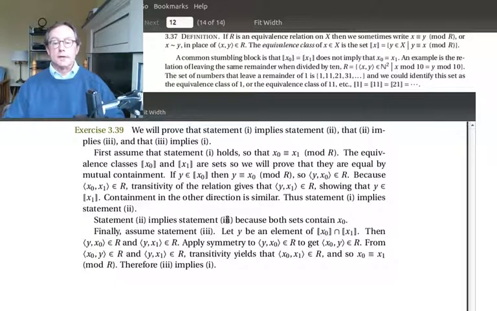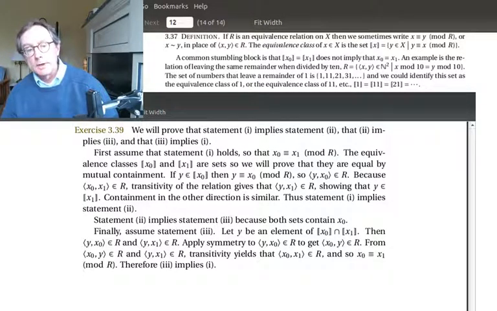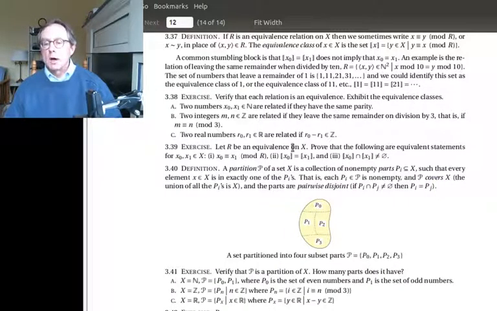2 implies 3 is very straightforward because both sets contain x naught. So I got to remind you what 2 and 3 are. 2 is that square brackets x naught equals square brackets x1, and 3 is that square brackets x naught and square brackets x1 have no overlap.